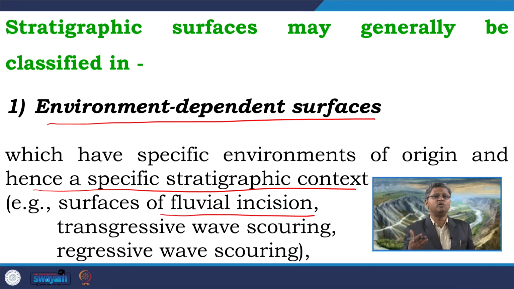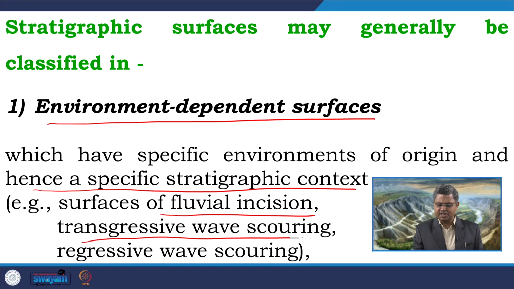We cannot expect a fluvial incision in the deeper marine part. It will always be only in that part where the fluvial system is getting affected by base level fall, and there the fluvial incision will be produced as a separate surface commonly associated with unconformity.